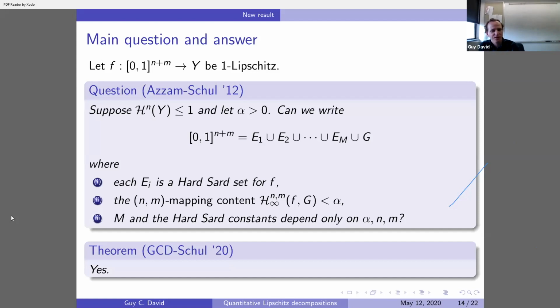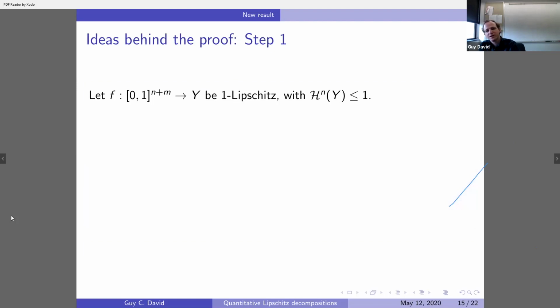So I'm going to talk a little bit now about what goes into the proof of this. I'm just trying to give people a minute to digest it. So this gives you a way of decomposing an arbitrary Lipschitz mapping into a metric space. There's two steps in the proof of this.